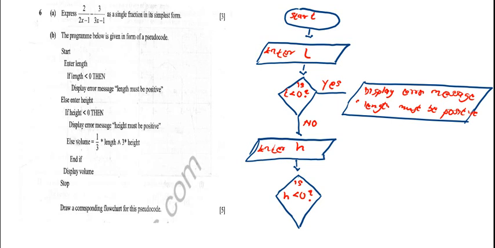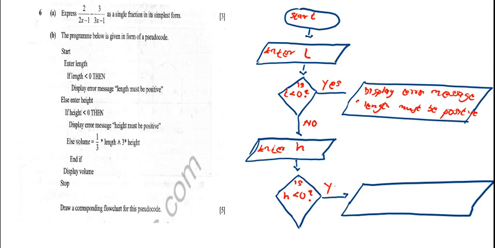So if it's less than 0, which is then, write a then beside it, and we use a parallelogram. So then it is a yes. So you write a yes. Display error message.